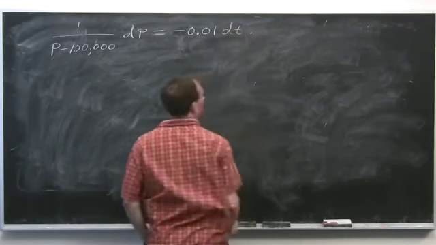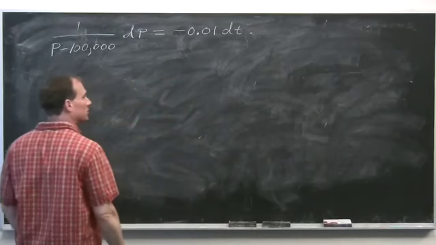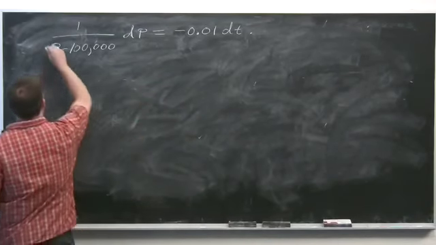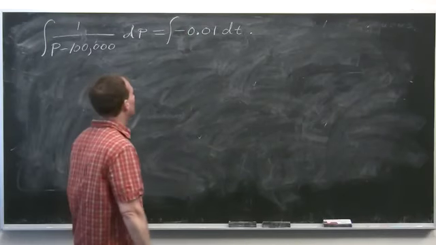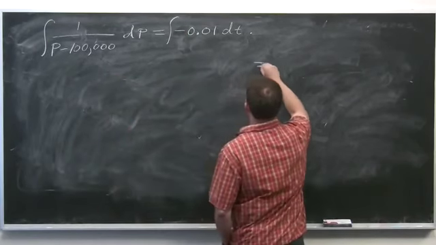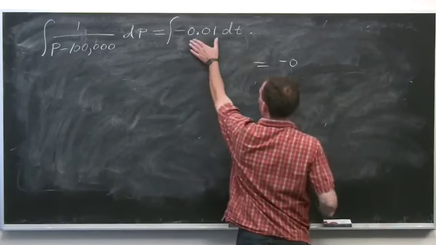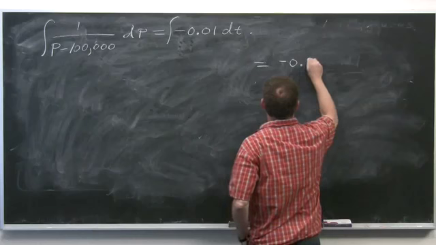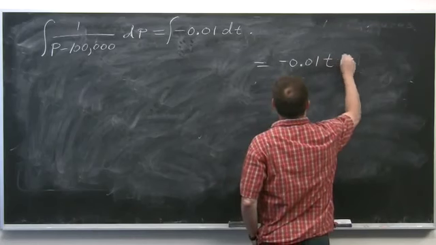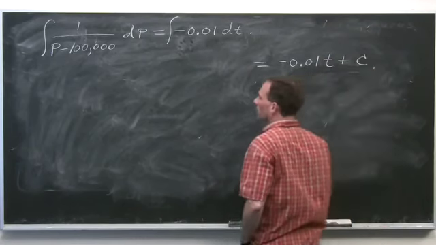You integrate both sides. Over here, there's no question what you get. You can pull this constant out, and an antiderivative of 1 with respect to t is just t. And I'll put a plus C over here.